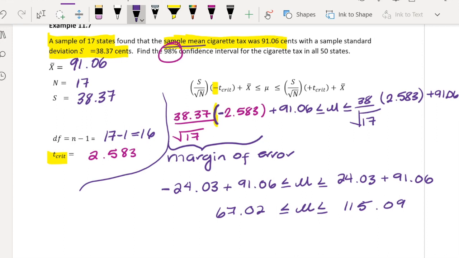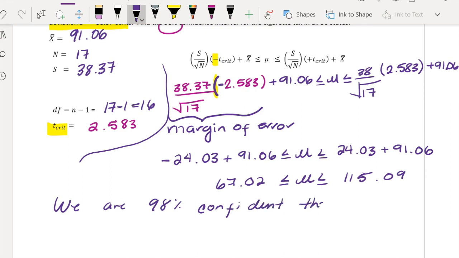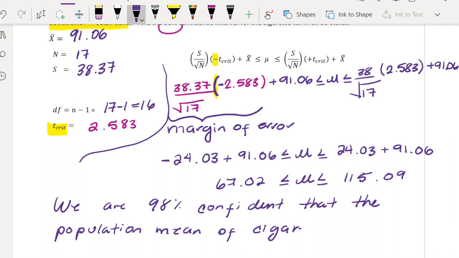Now I just need to write my conclusion. So we are 98% confident that the population mean of cigarette tax, I don't think I know how to spell cigarette.